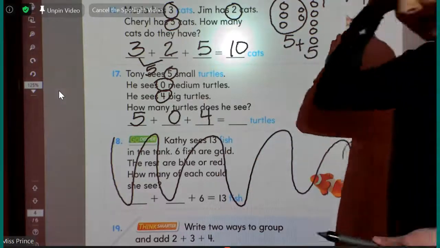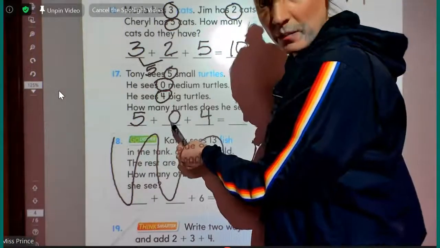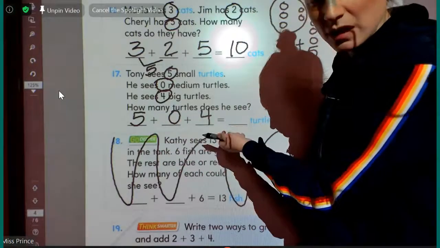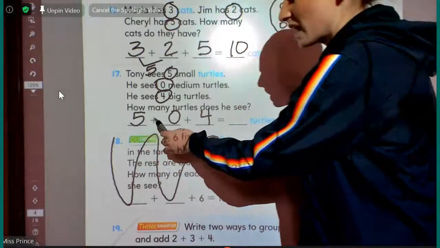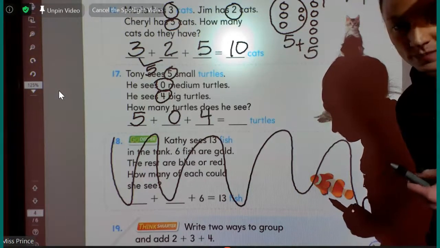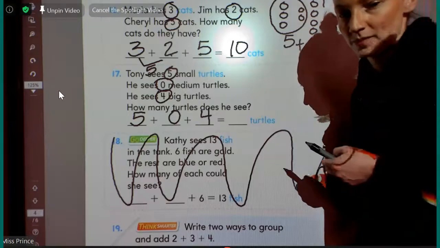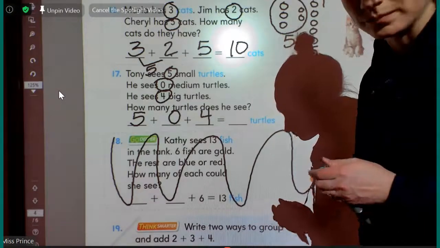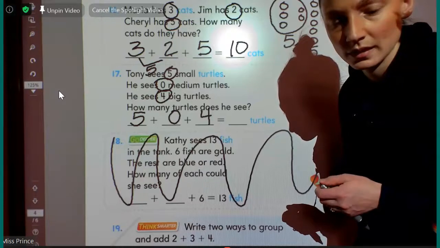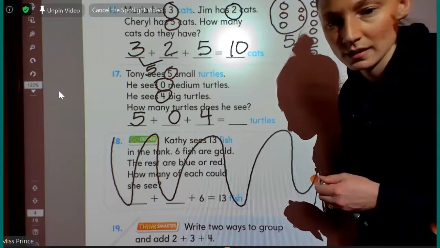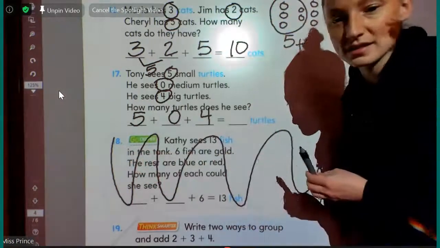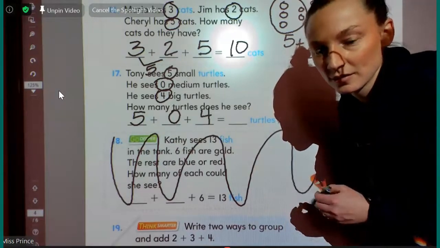So Zayden, remember, when we saw a problem here that had a 0 in the middle, we don't have to do anything with that because we know that if we add anything to 0, we keep our answer. So all we need to do is add 5 plus 4.